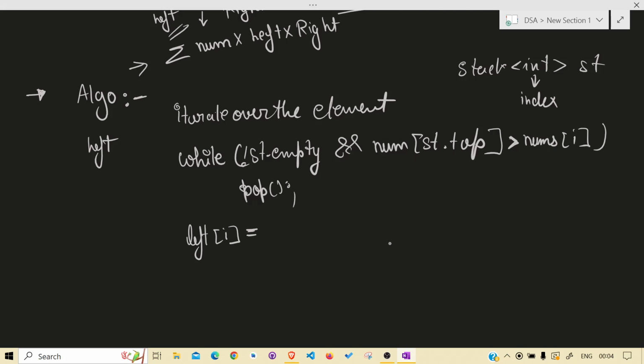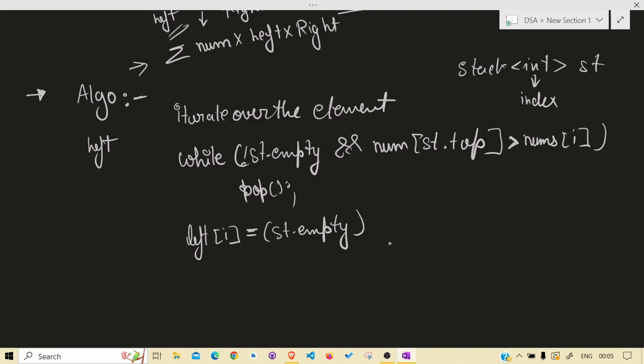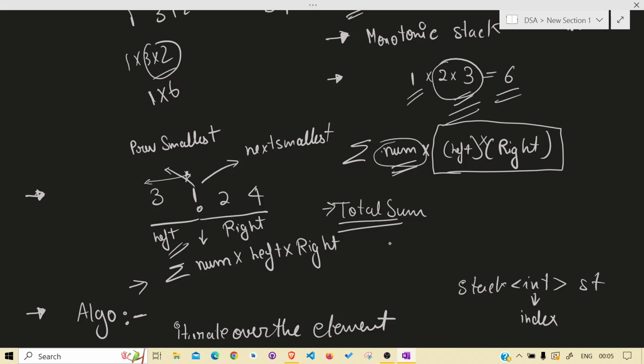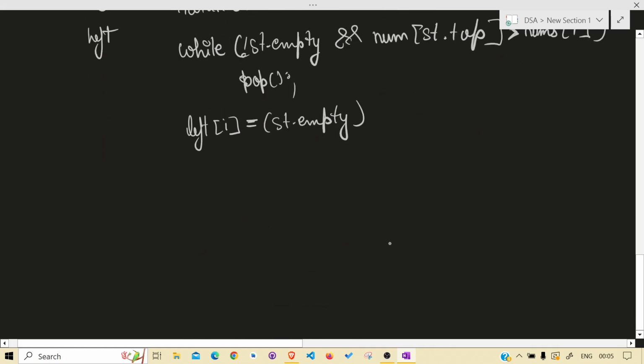In left we will be storing the length simultaneously. If the stack is empty, the current was the smallest, nothing previous left. What will the length be? If this one is the smallest and nothing is left in the stack, the length is the index itself, that is index plus 1.